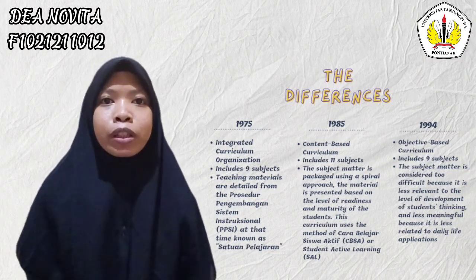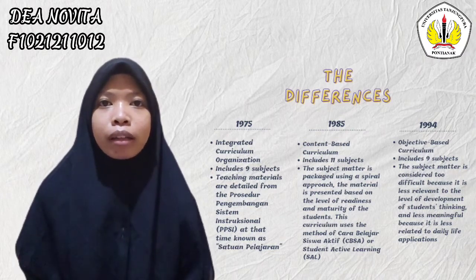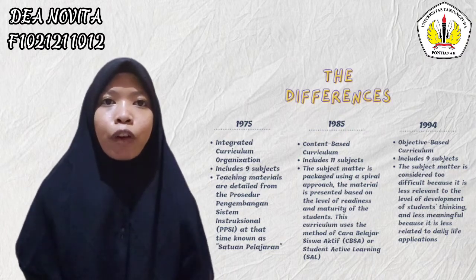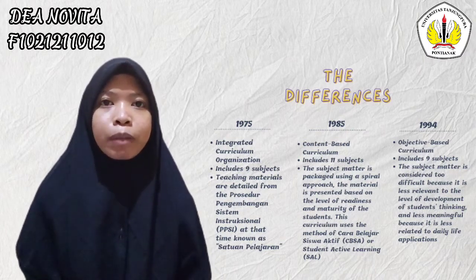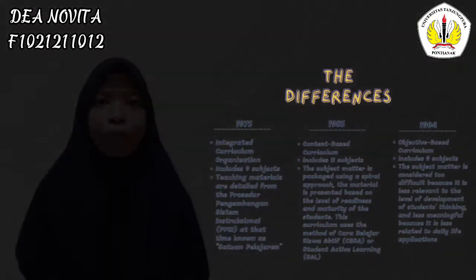This curriculum uses the method of cara belajar siswa aktif or student active learning. And in the 1994 curriculum, the subject matter is considered too difficult because it is less relevant to the level of development of student thinking and less meaningful because it is less related to daily life application.